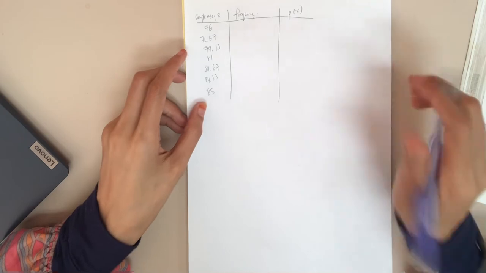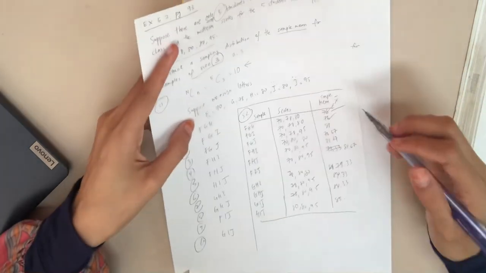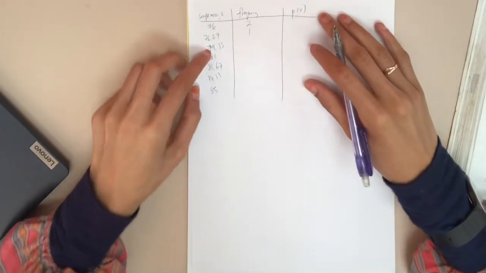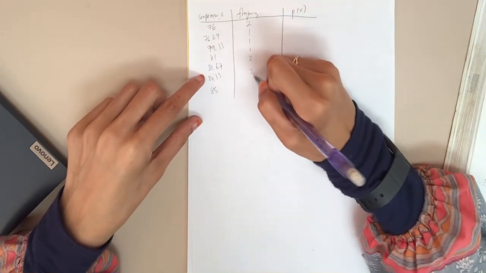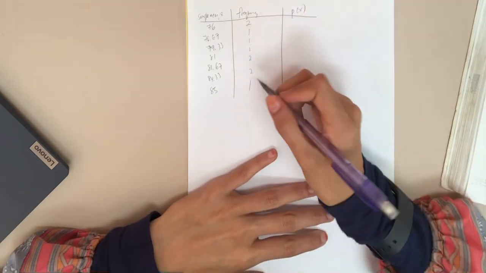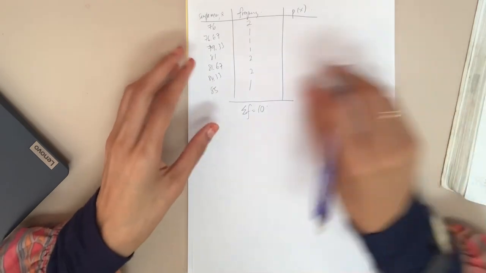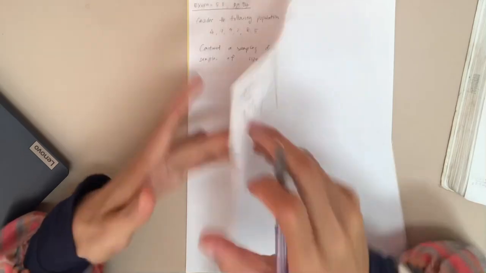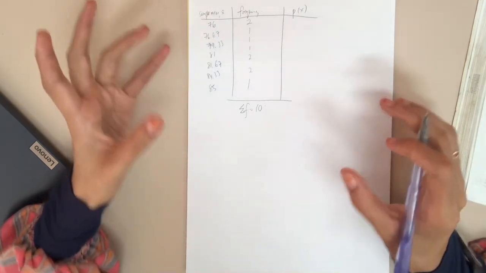So the frequency here is 2. How many 76.67? Only 1. Then you count all of these. So it will be 1, 1, 2, 2, 1. The total of this frequency is supposed to be 10, because you have 10 sample means.